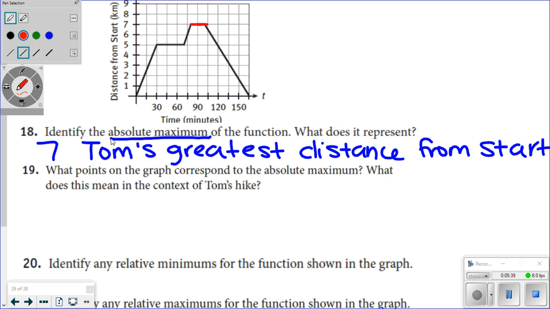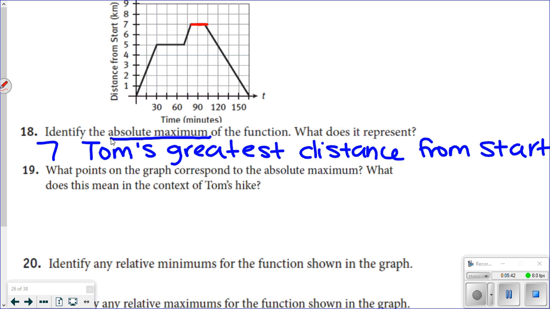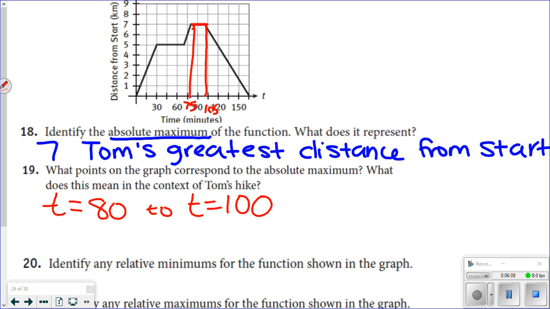If we draw a line down here, this is 75, and it's a little bit past 75, not quite to 90. So I'm going to say it starts at a time of 80, and it goes to not quite 105, so maybe it ends at about 100. So all the points along the graph from time equals 80 to time equals 100. So 80 minutes to 100 minutes.